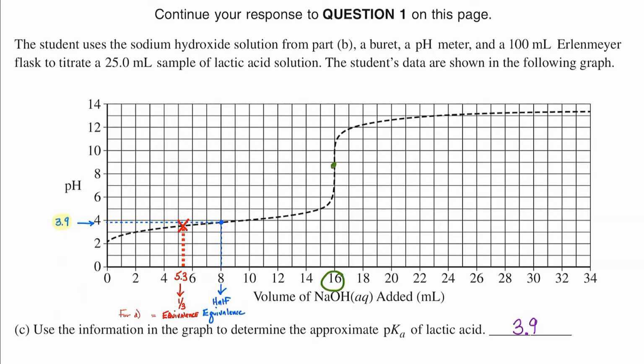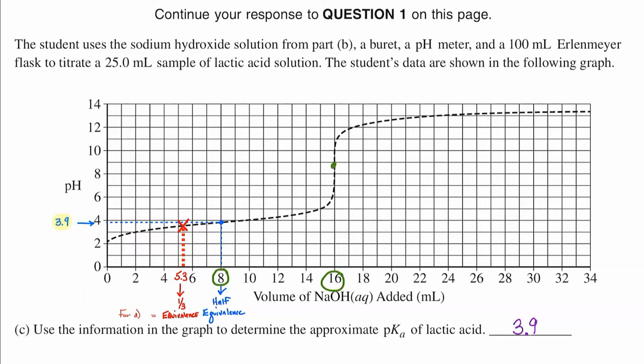It took 16 milliliters of sodium hydroxide solution to completely neutralize the acid in the beaker or flask below the burette, if you're going to use a burette here. So if it takes 16 milliliters, then 8 milliliters would be the half equivalence point, and the pH equals the pKa here because the amount of conjugate acid and conjugate base is equal.